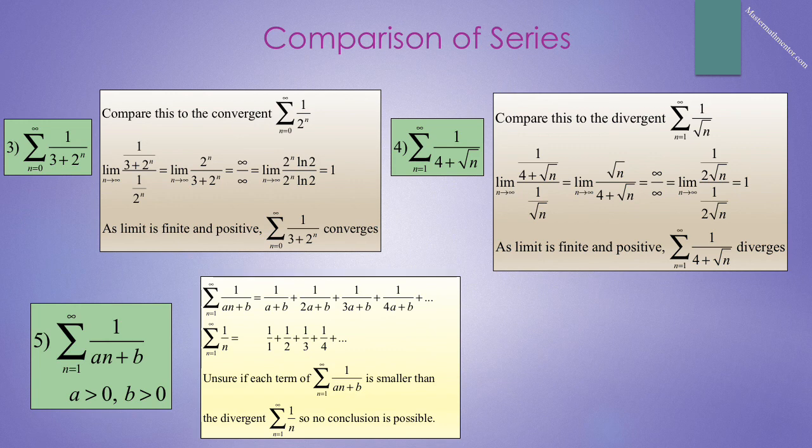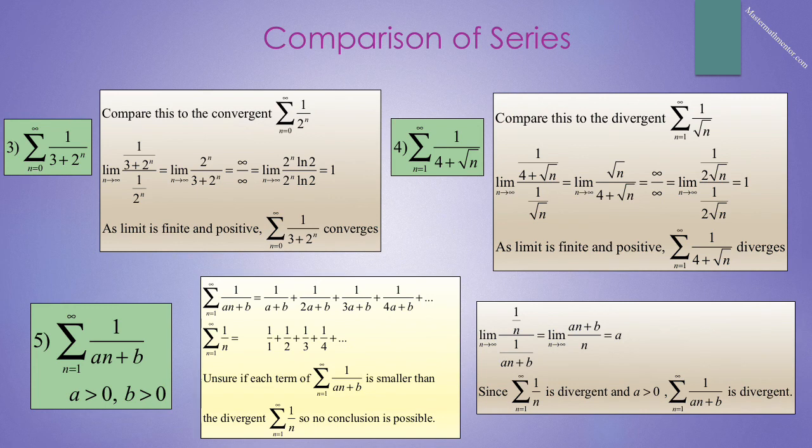And of course, this is divergent. When we do the direct comparison, we are unsure if each term of summation n equals 1 to infinity of 1 over an plus b is smaller than the summation n equals 1 to infinity of 1 over n. It all depends upon the value of a, so no conclusion is possible.